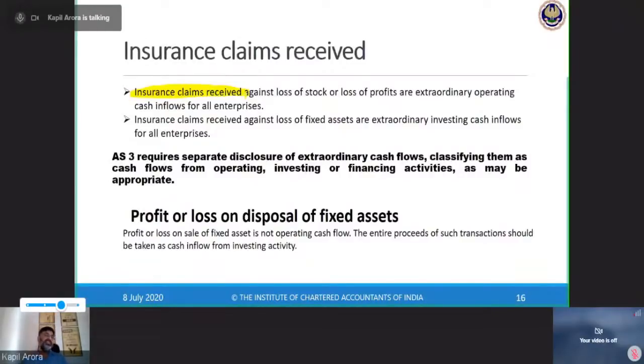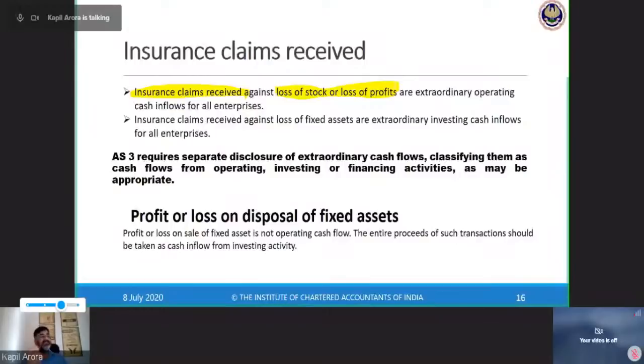If insurance is coming for the loss of stock or loss of profit, what kind of activities does my inventory and my profit come from? If I am getting a claim for loss of stock or loss of profit, they are actually part of my operations.